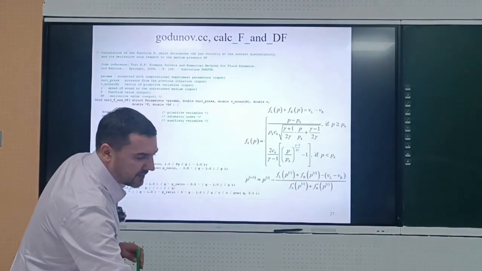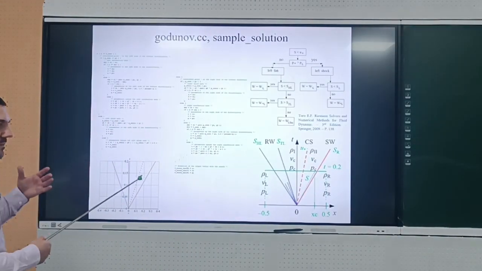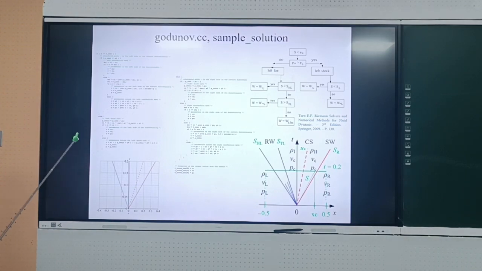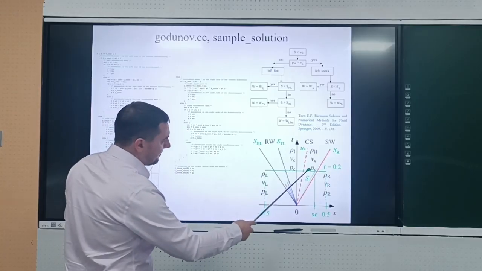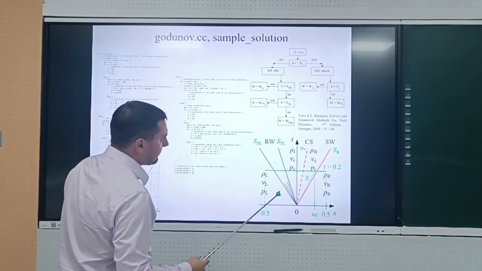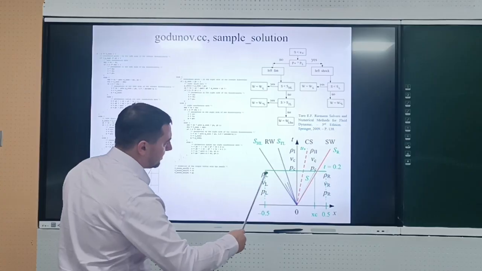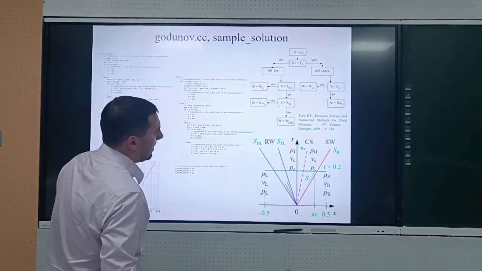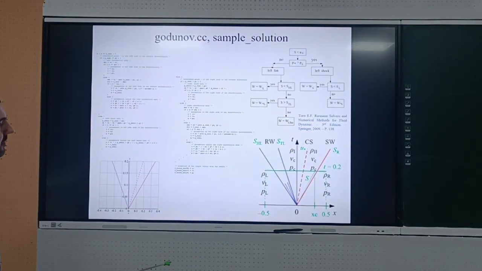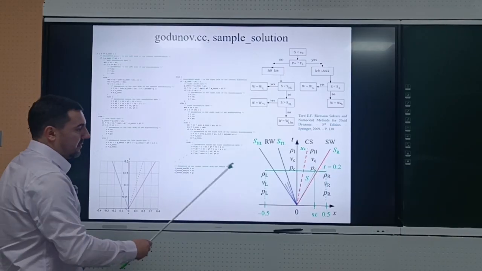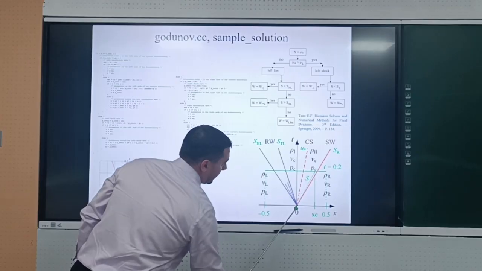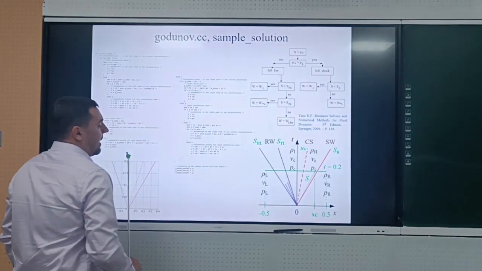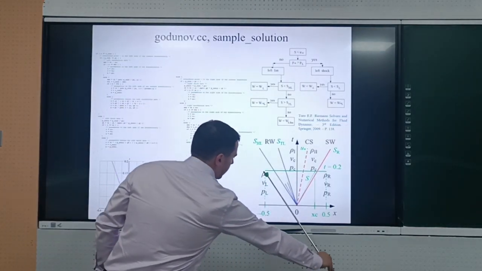The maybe most difficult function, but one of the most important, is the sampling function. So okay, we computed PC and VC, but now we should collect the whole solution. How can we do that? In a cycle, we consider all rays which start at point 0. Actually, it will start from this end.